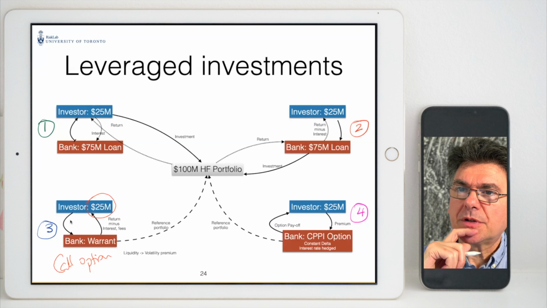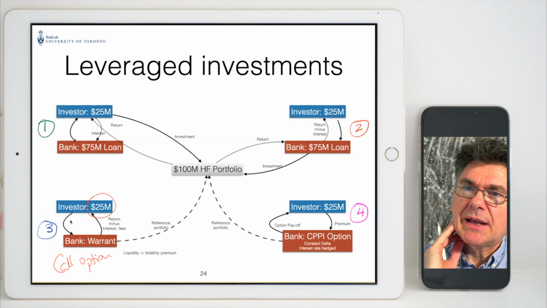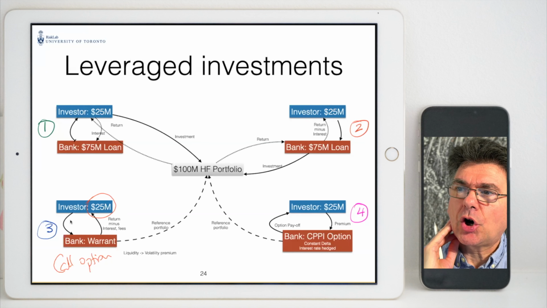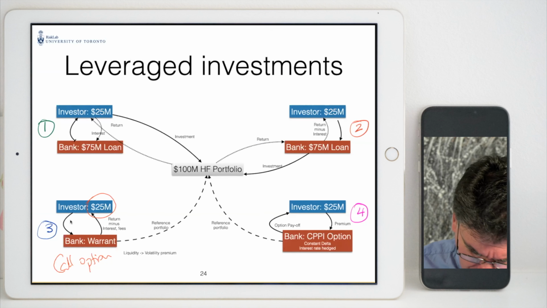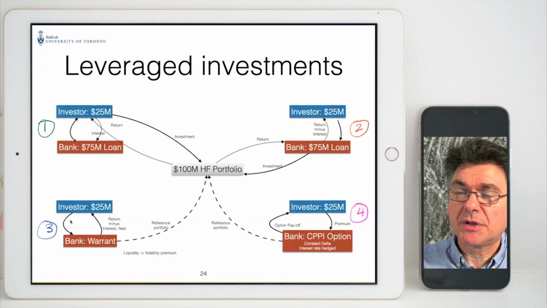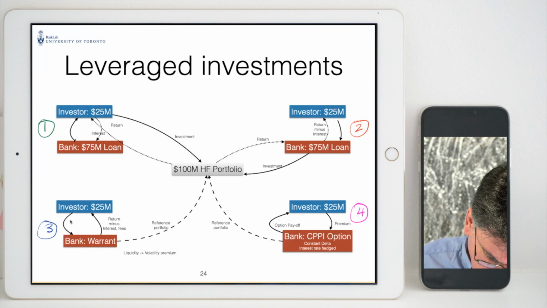So this is better for the bank because you may have seen that when you have a call option, you can hedge it without investing all of the money. You only have to invest the delta of the call option. Okay? A call option, now I'm talking about something that I don't know if you have seen. So this is a call option, a warrant is a call option.